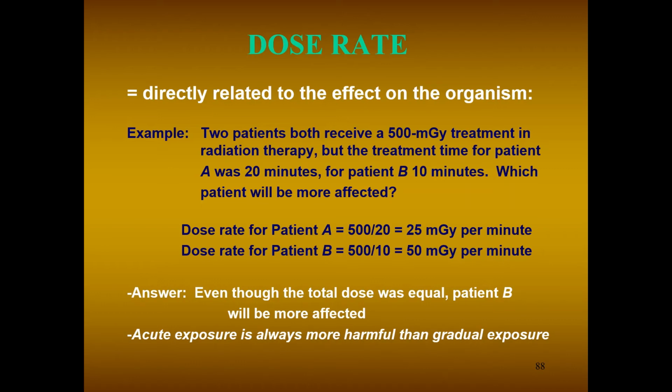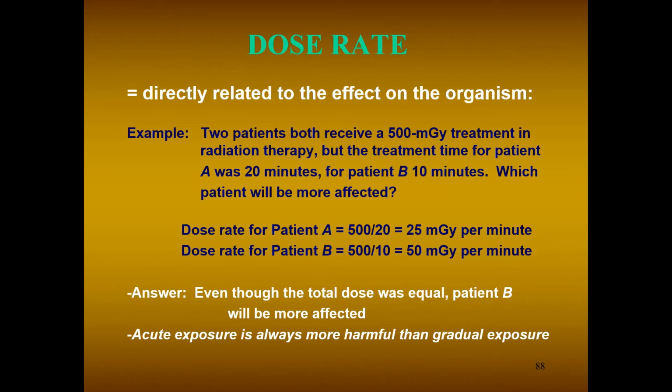So who gets more radiation over whatever unit of time you want to consider? Patient B gets twice as much radiation in any given amount of time, simply because their total elapsed time for that dose was half of what it was for patient A. Even though the total dose is equal, patient B is more affected.